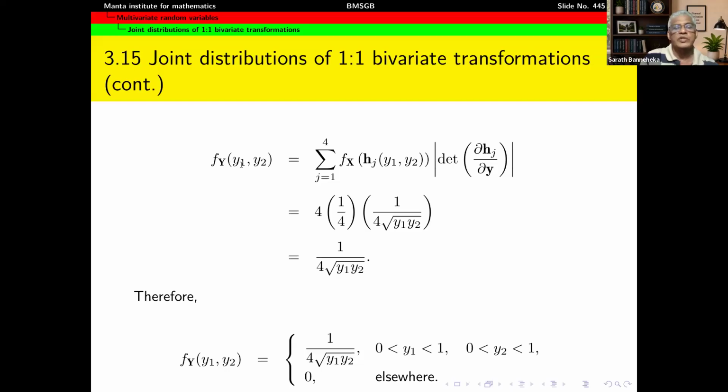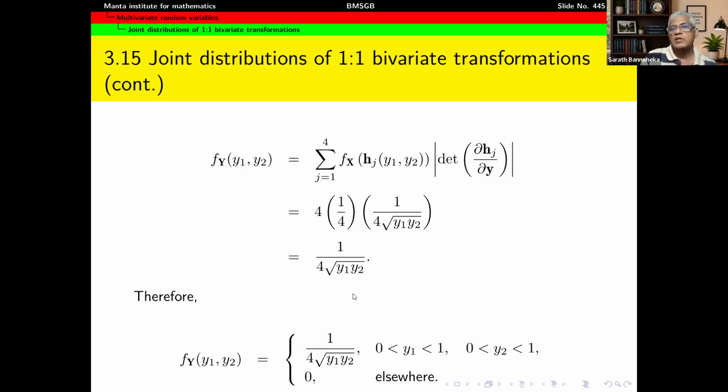So that is going to be 4 times 1 over 4, the joint density of x1, x2, times the absolute value of the determinant of the Jacobian. So this is the more complete answer. The joint density of y1, y2 is given by this expression if y1 and y2 are in this capital B set, and 0 otherwise.